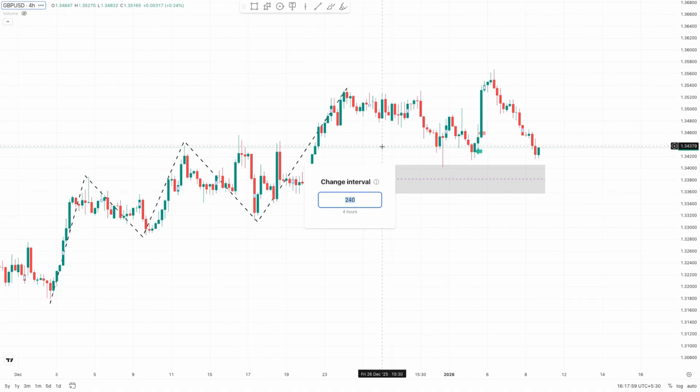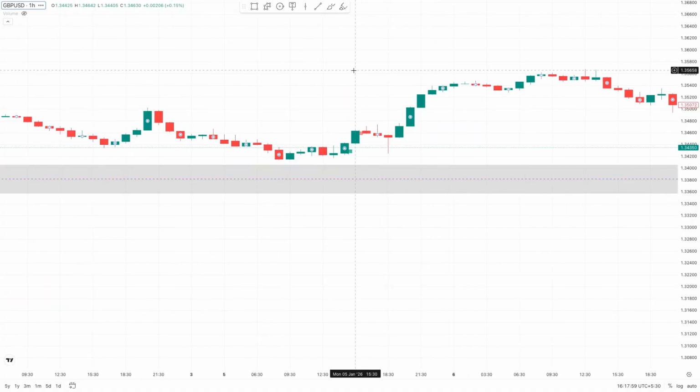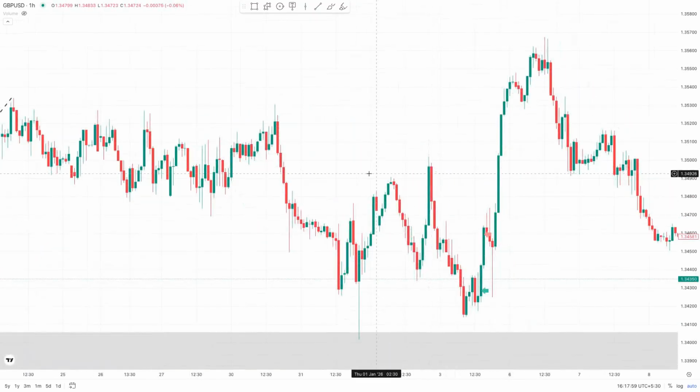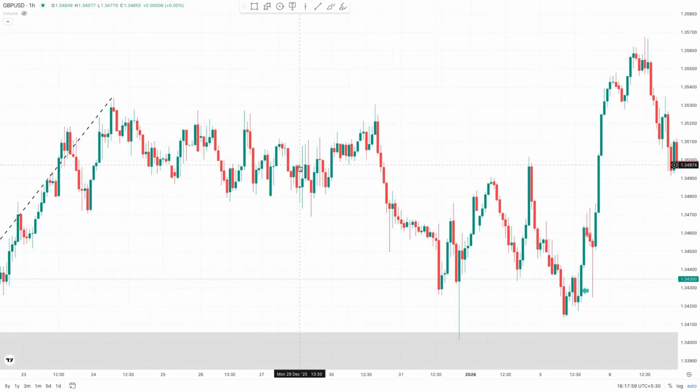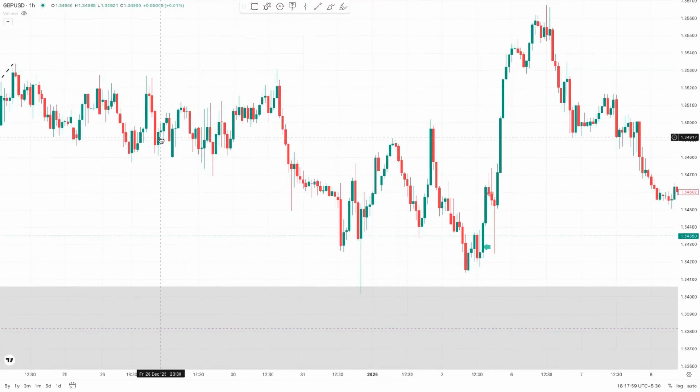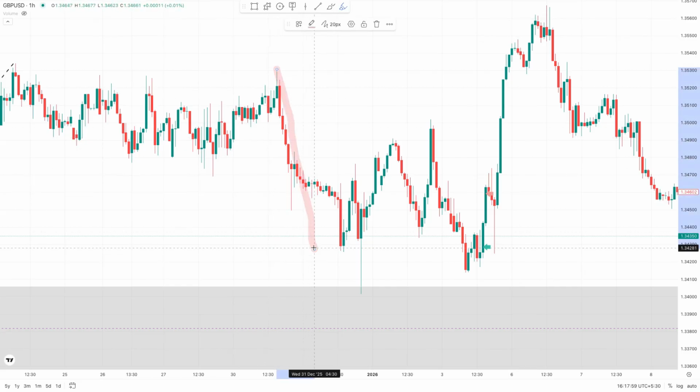So let's quickly take it to the 1 hour. Okay, and if you look at this, we have this price movement that's coming down, isn't it?